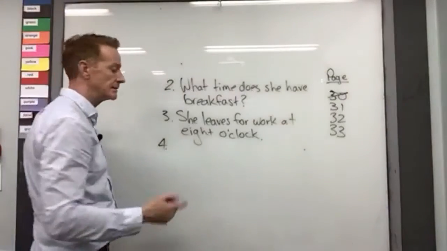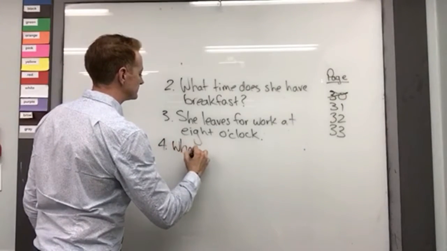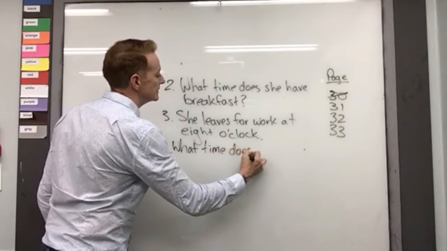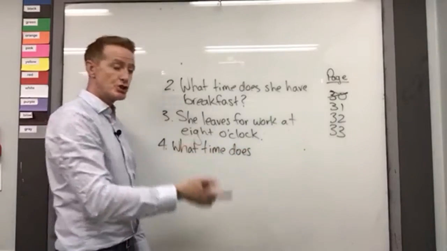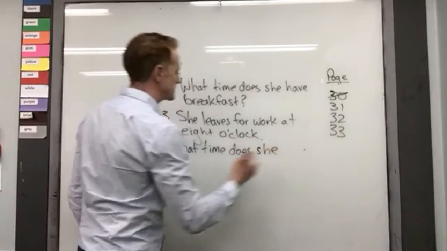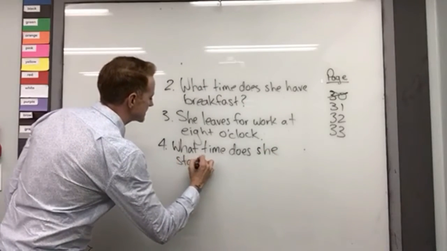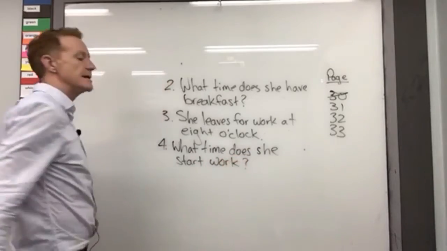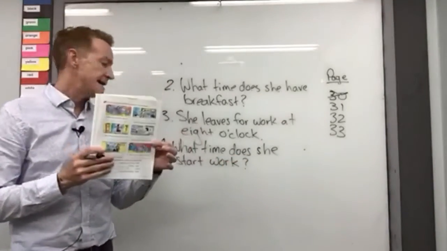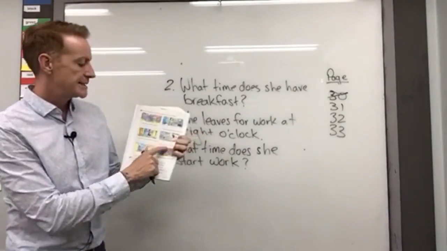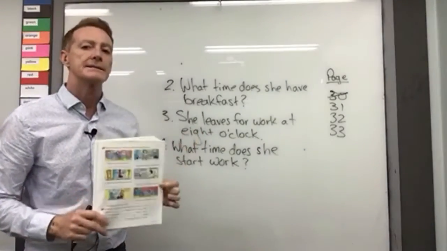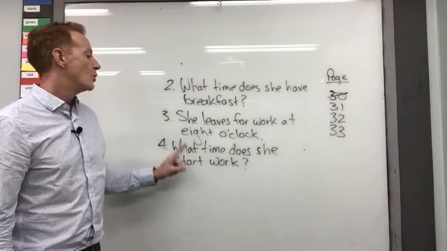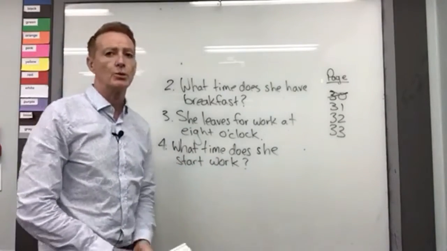So what time does she start work? And question. Right. What time does she start work? The answer is already here. She starts work at 8:30. So we make a question. What time does she start work?